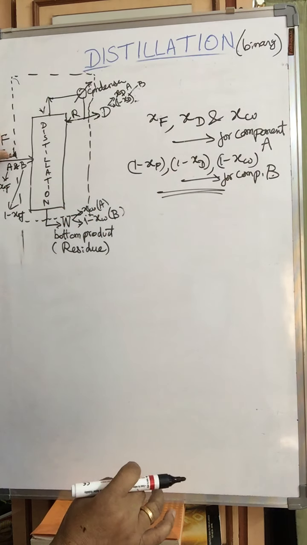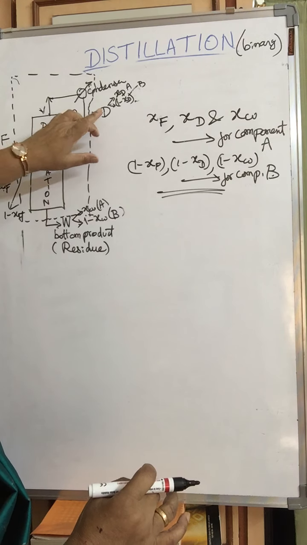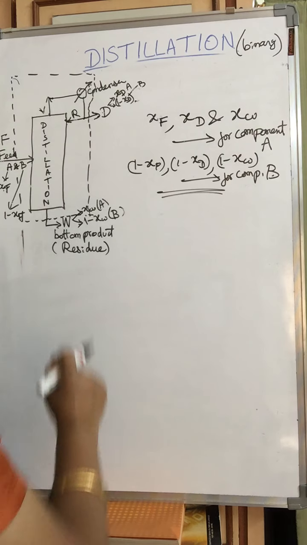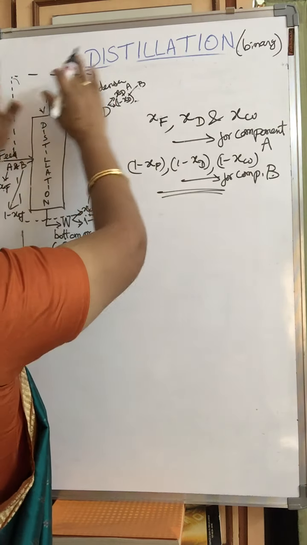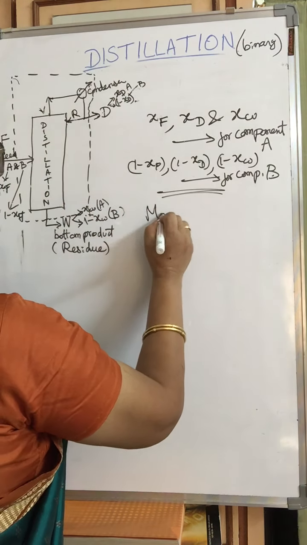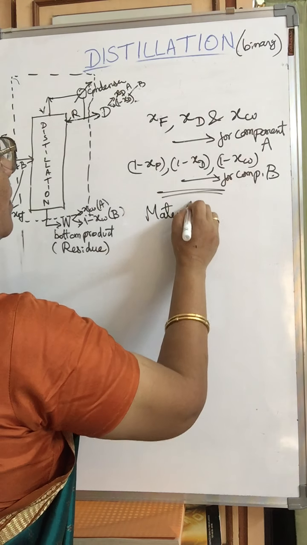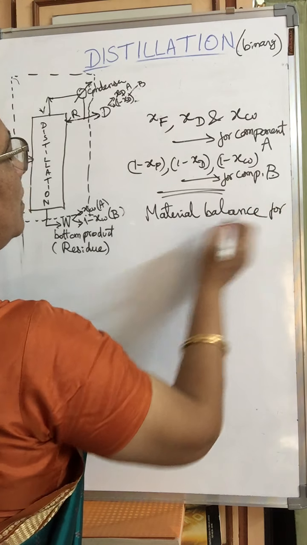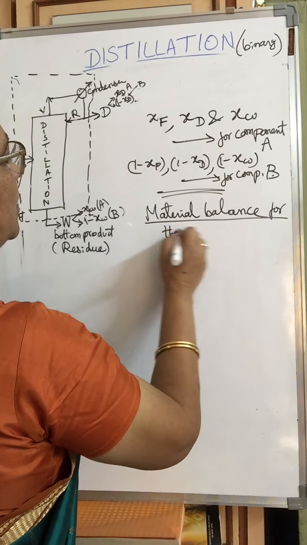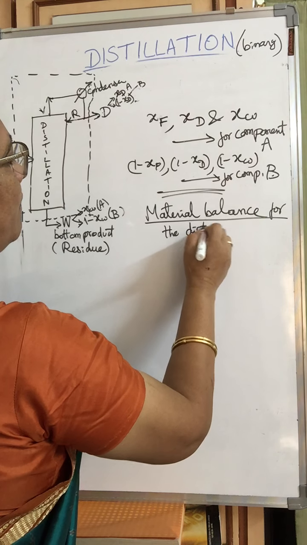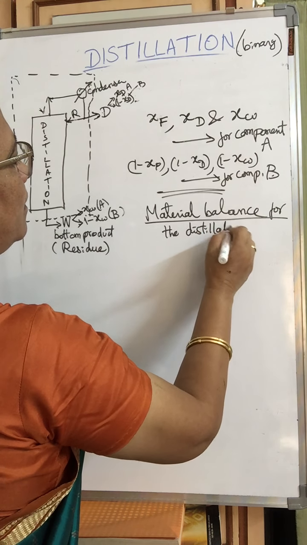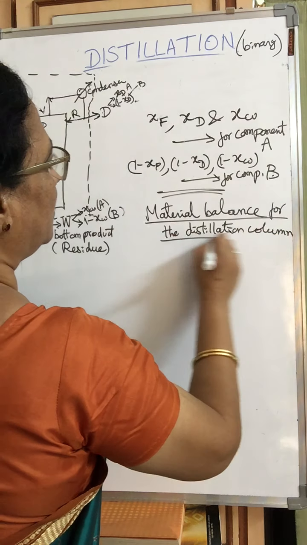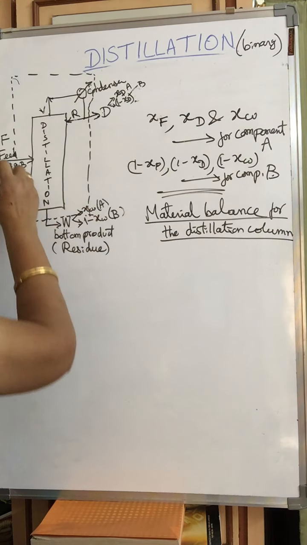That means whatever the lines that are crossing this broken line, they are inputs and outputs. So for the entire distillation column, we are going to write the material balance.